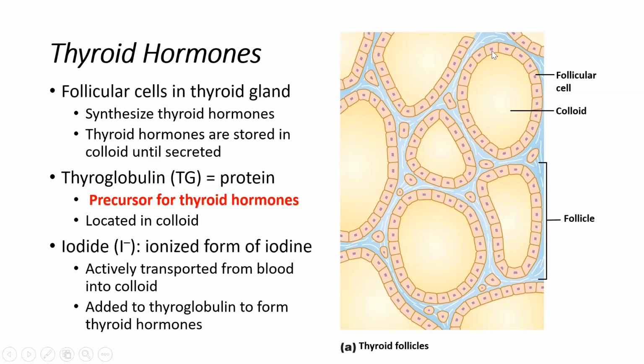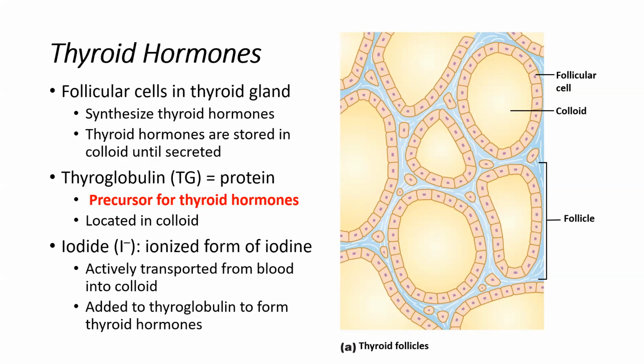We called these follicular cells, and these are the cells that are actually responsible for absorbing this colloid and making thyroid hormone. We also mentioned that colloid was nothing but the storage form of this thyroid hormone, which we called thyroglobulin, and that's the precursor that we use to make this thyroid hormone.